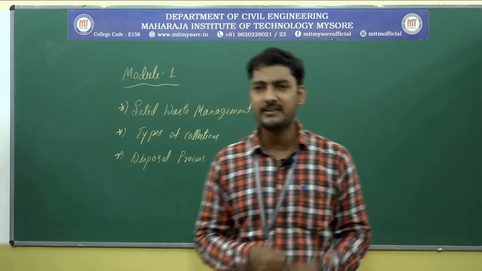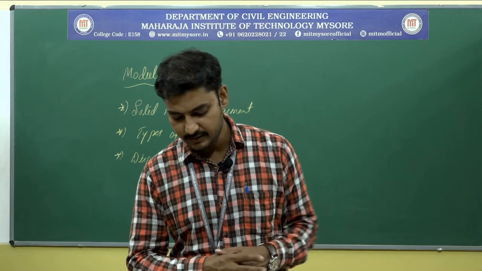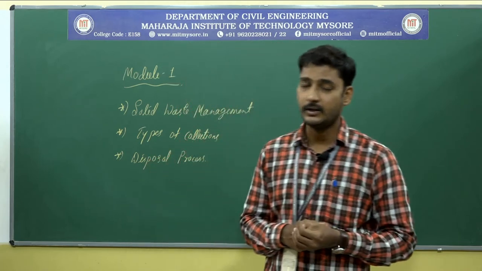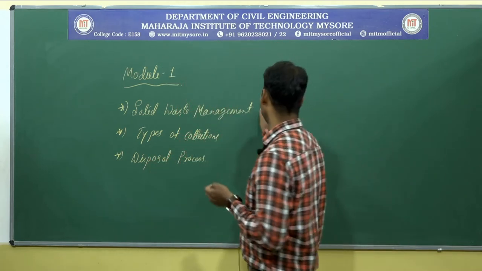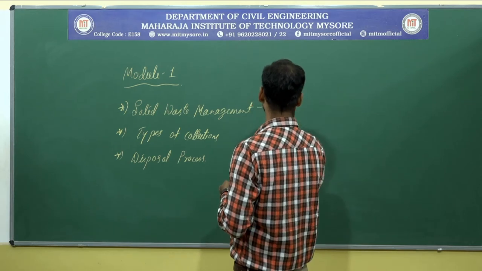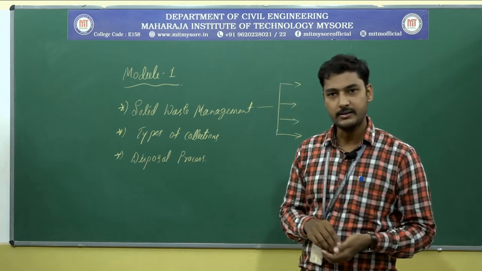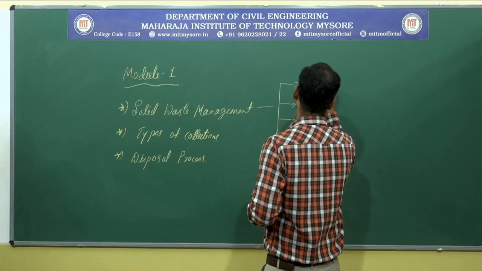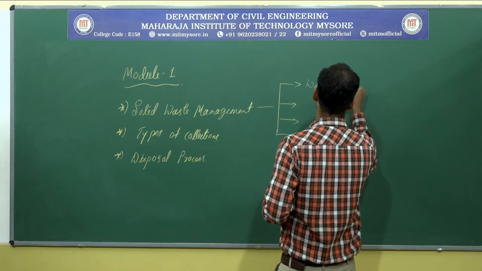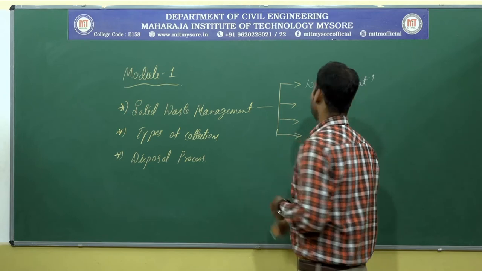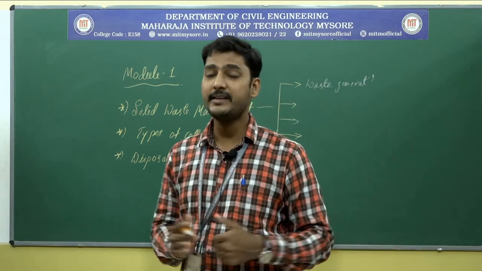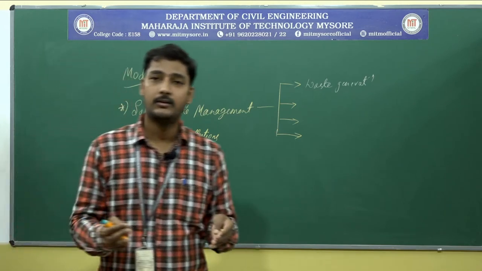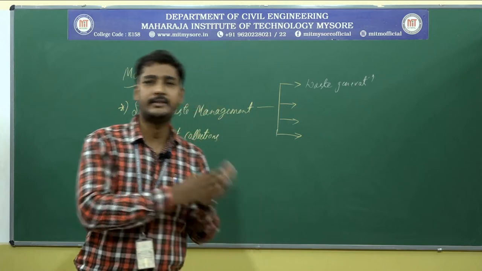Coming to the stages of solid waste management, basically it consists of 4 stages. Stage 1 says waste generation. We need to separate the generation process, because we should not say that the entire waste is going to be dumped in the same yard.